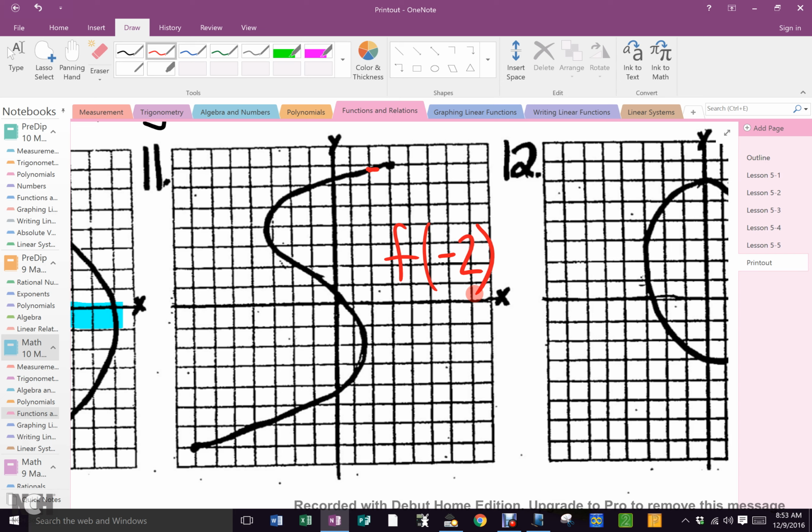How many answers are there to this question? 3. Because I go to -2 and I check. There's 1, there's 2, and there's 3. Does everybody get it? And that's this whole unit.